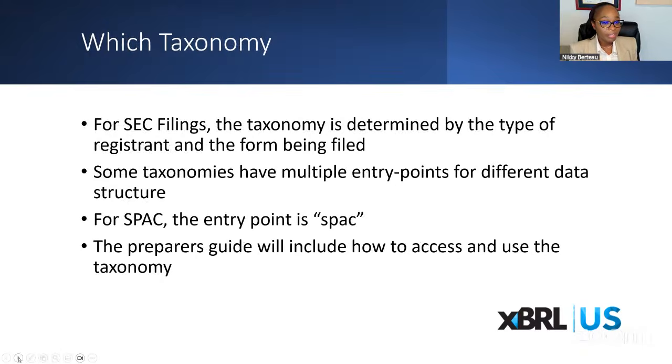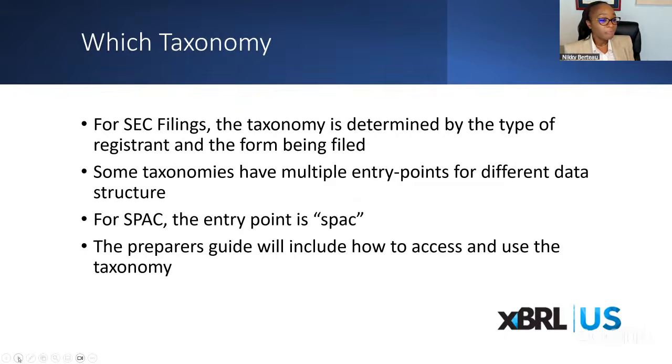So for SEC filings, the taxonomy that applies depends on both the type of registrant and the form being filed, okay? So for SEC, it's important to understand for some taxonomies, they're going to include multiple entry points. That's very important for the SPAC to understand on the SPAC taxonomy, because there are multiple entry points on the SPAC. These entry points are essentially different starting paths depending on the reporting structure or the filing context.